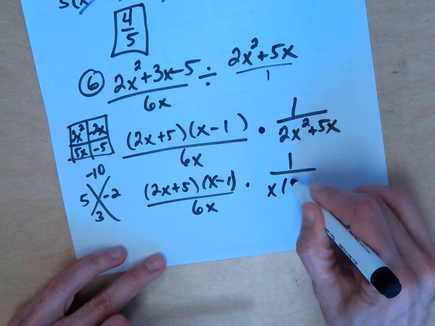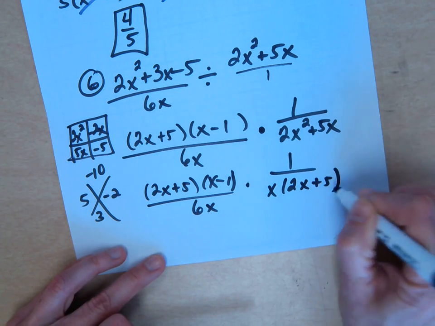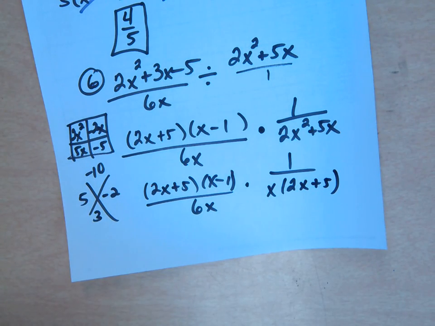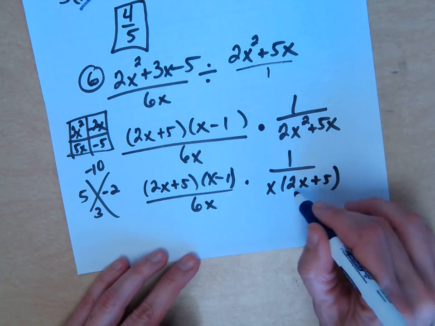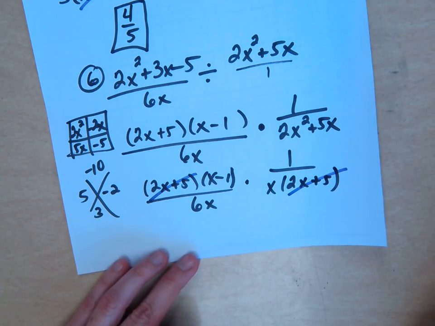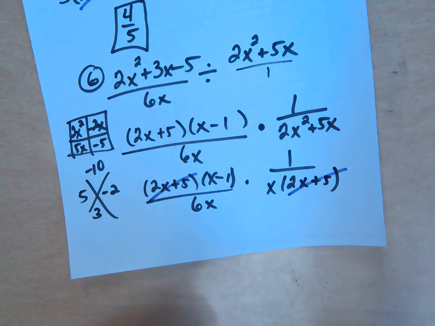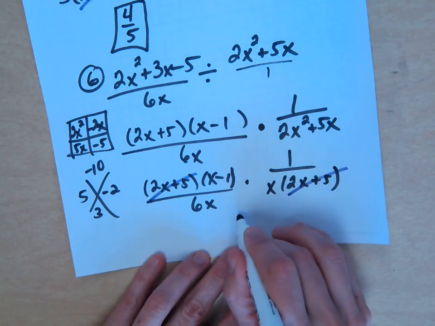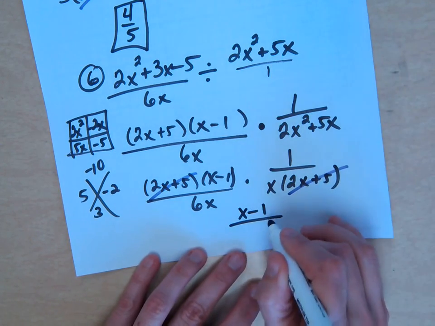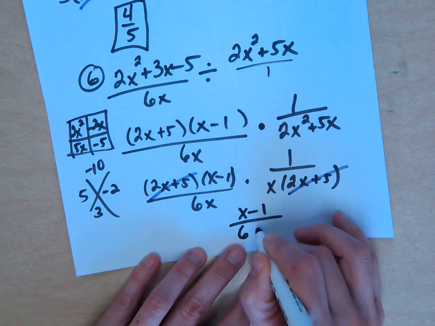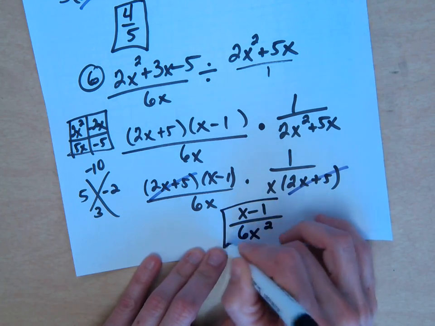Just x, right? So I'm not sure we get to do a whole lot of canceling, but we'll try. Looks like just those go, and I think that's about it. So your final answer would be, you don't need the parentheses in your final answer, x minus 1 over 6x squared, and you've got to leave it like that.